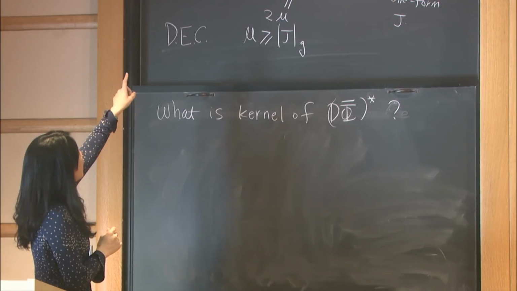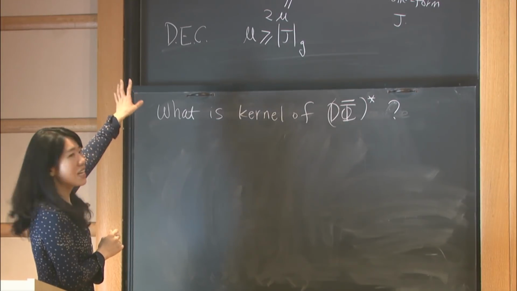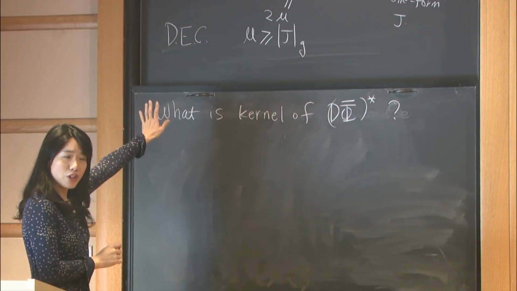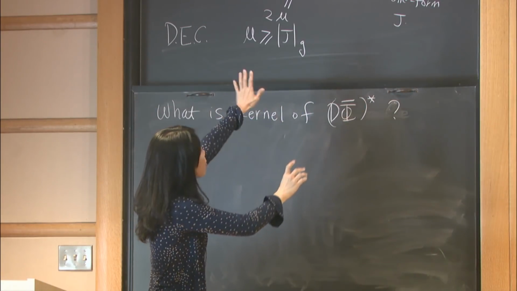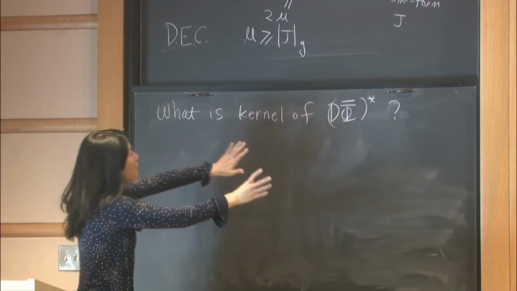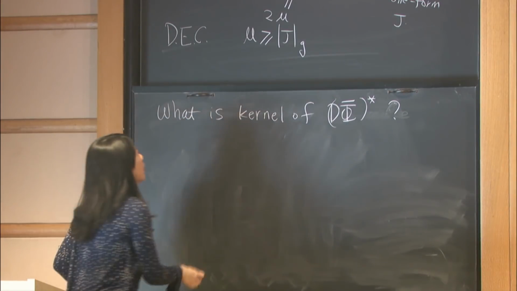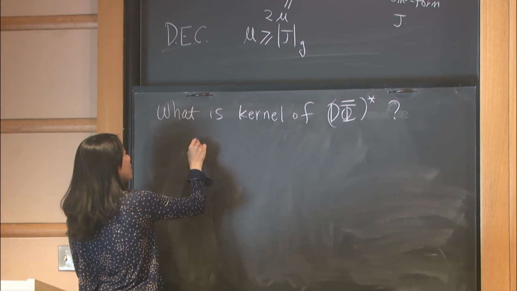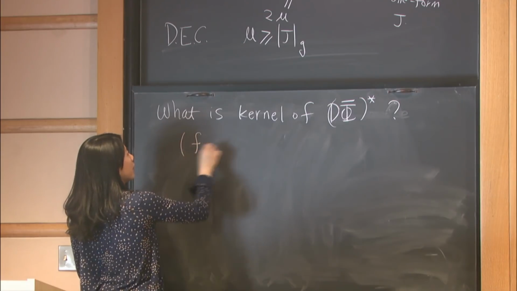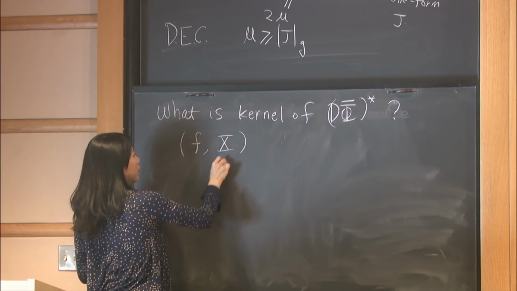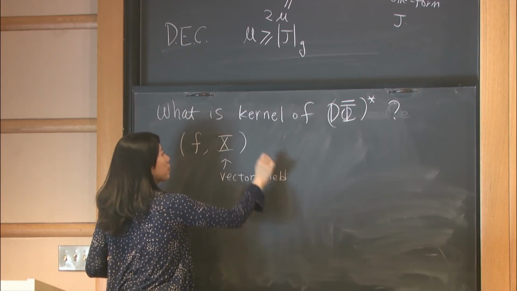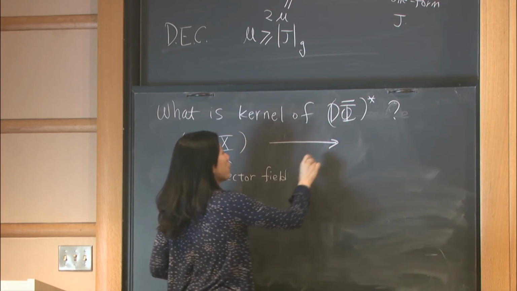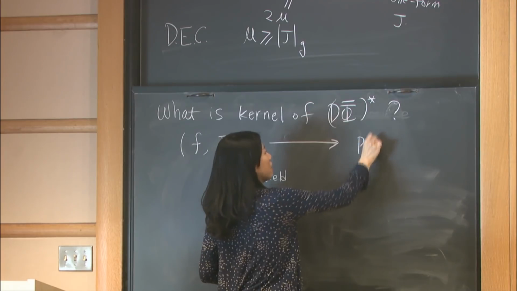So we can look at the original constraint map. It sends a positive definite symmetric tensor and a symmetric tensor to the space of functions and one-forms. So the adjoint operator will send backward. So we can think about this as a map that sends a function and a vector field to the pair of symmetric two-tensors.